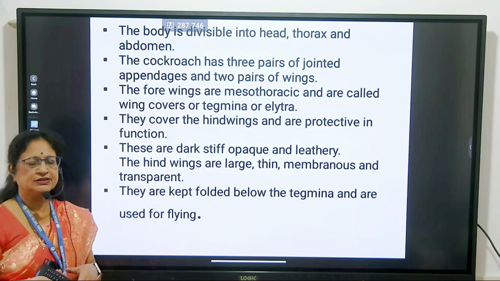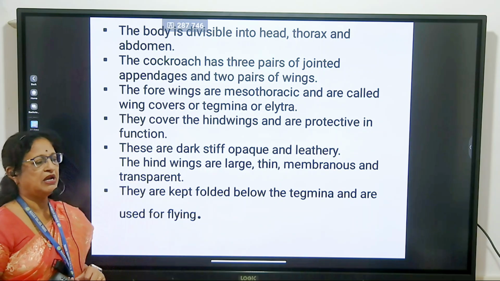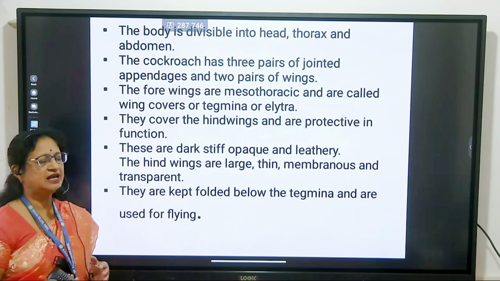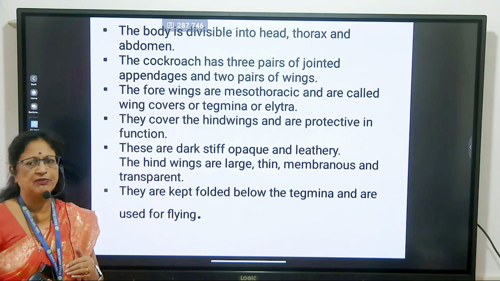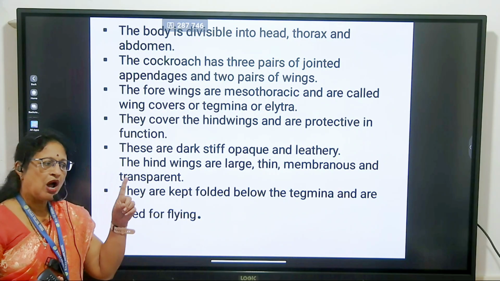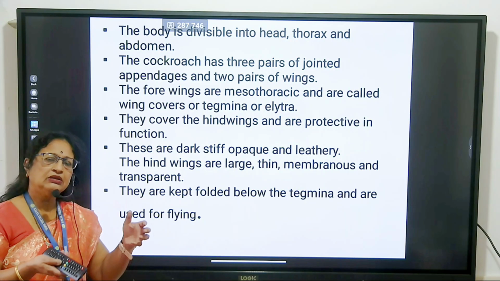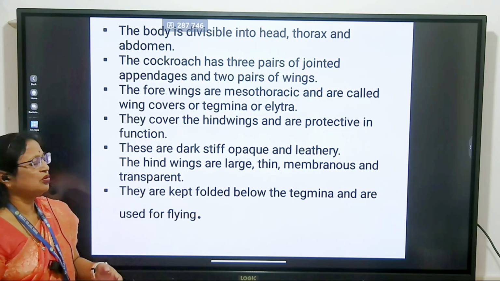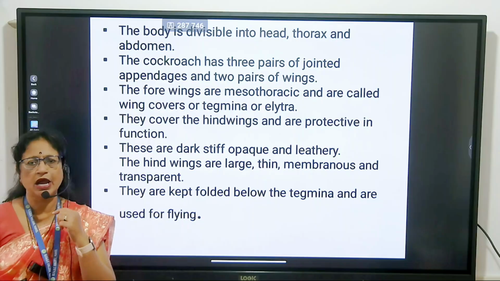Now the thorax, the middle part, is made of 3 segments, called the prothoracic segment, mesothoracic segment and metathoracic segment. All these 3 segments bear one pair of walking legs each.